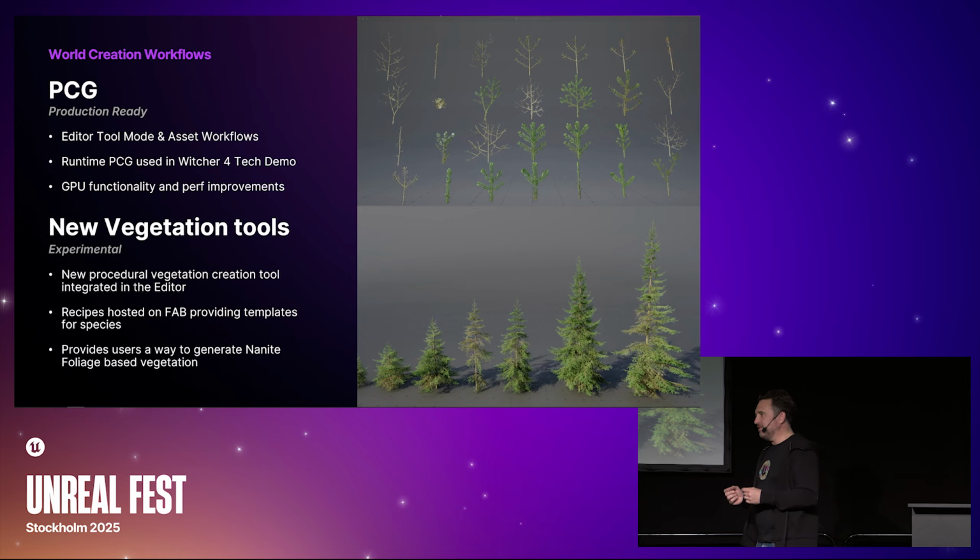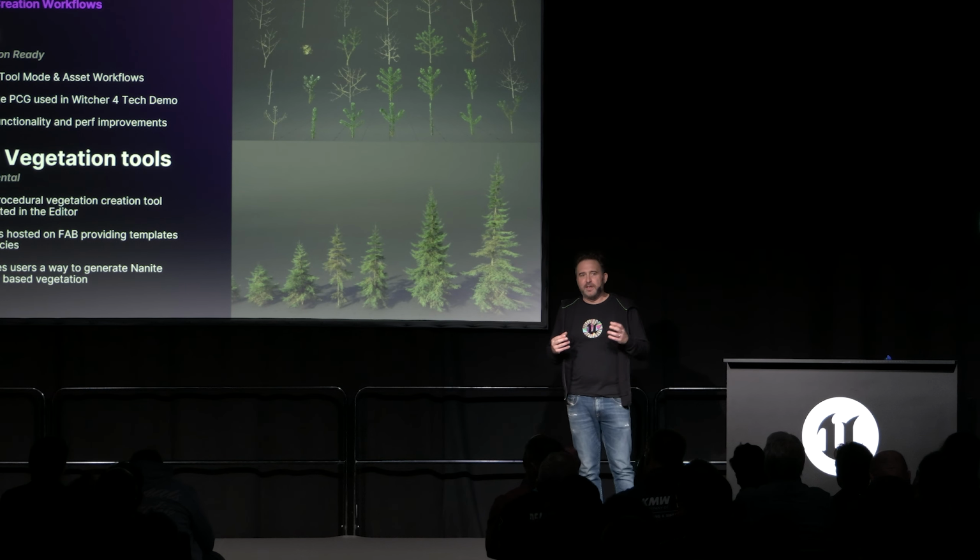PCG is also interesting, and I keep reminding people, it's not just an editor time authoring tool. You can run it at runtime, you can run it at load time, you can run it on the GPU. You can do things that respond to your game. When the gameplay changes, the world can change around the player. You can have content that only shows up close to the player, and that content only lives on the GPU.